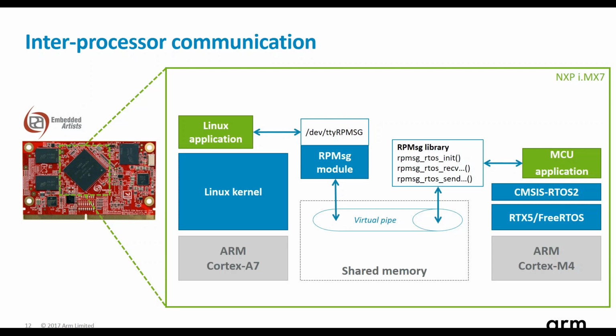These messages pass through a virtual pipe in the shared memory, and the message is then picked up by the library calls in the MCU application, so in the Cortex M4, and the other way around. So if there's a write request on the RTOS side, the message would magically appear on the device that the RP message creates.